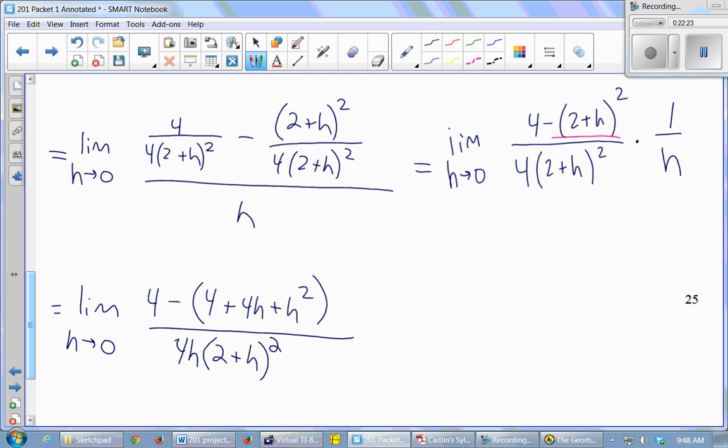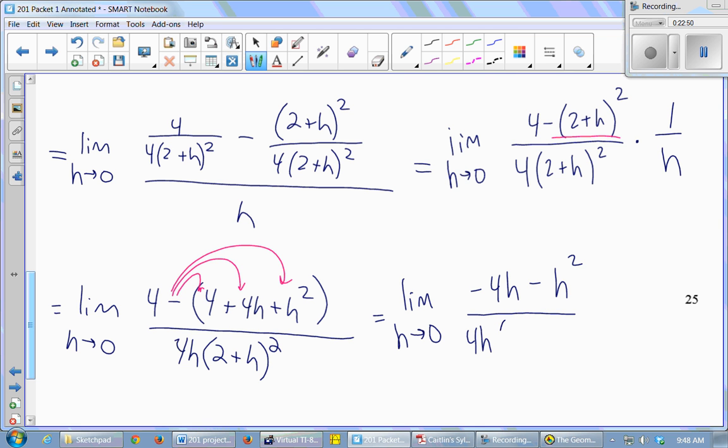Distribute the negative sign and combine like terms. I'll do that in one step. So this is going to be 4 minus 4. I'm distributing that negative sign to every term here, and 4 minus 4 cancel. Then I'm going to have negative 4h minus h squared, all over 4h times (2 plus h) squared.